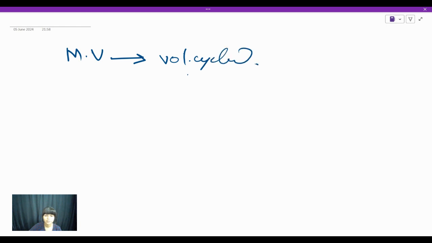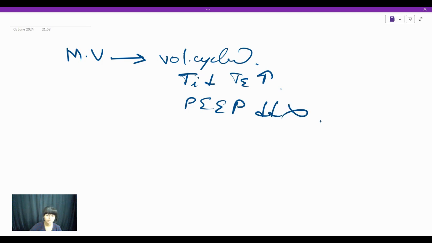Okay, the inspiratory time should be low, the expiratory time should be high. And the PEEP, okay, should be minimal. So these are the things you should follow when doing the ventilator settings in case of acute exacerbation of asthma.